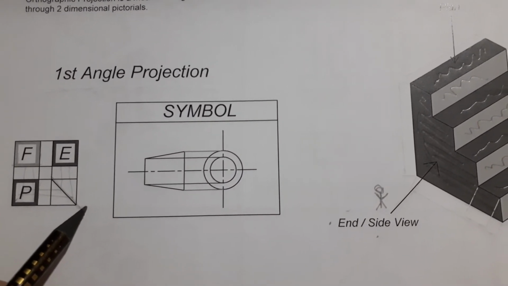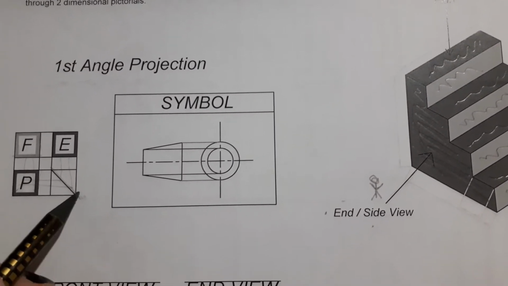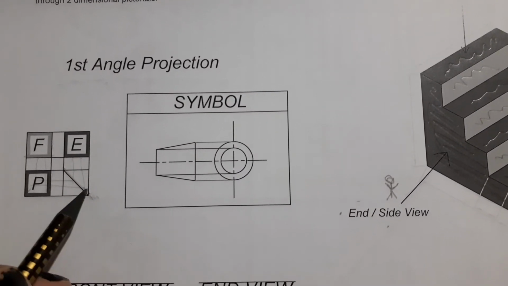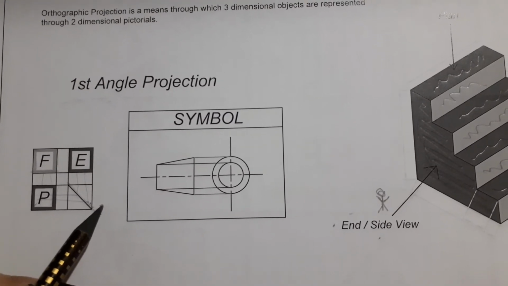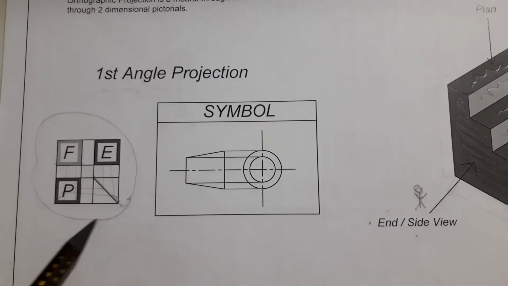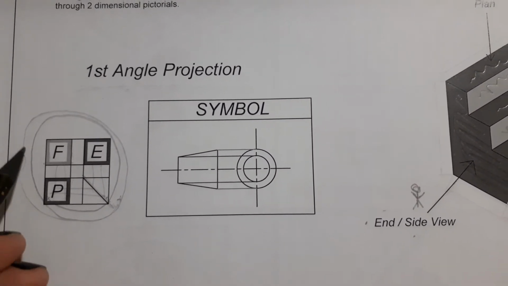It has absolutely no other purpose. Now this line, it's important to remember, is always 45 degrees. Okay? So this is the first angle projection.